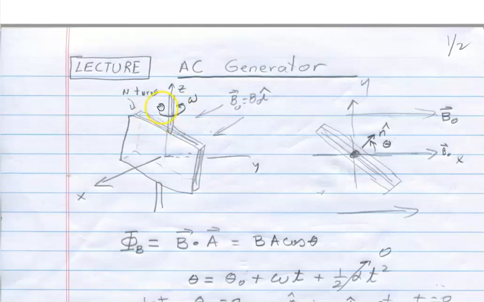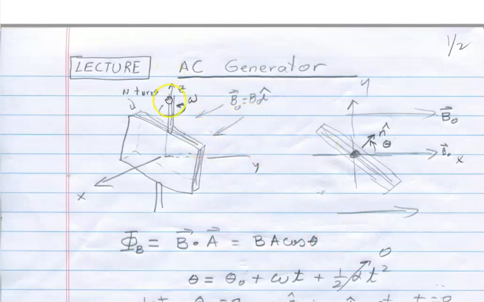In fact, I will force it to rotate, maybe have it hooked up to a motor, at the angular velocity omega, or the angular frequency omega. And I'll have it in a magnetic field, B naught, that's nice and uniform, but is pointing in the Z direction. And we'll consider that from the standpoint of Faraday's law.